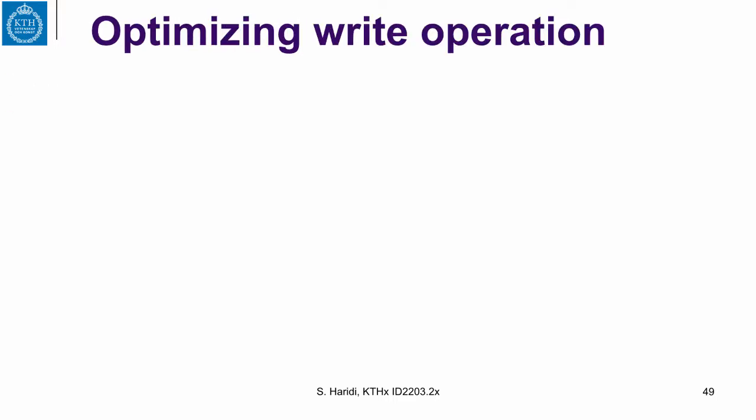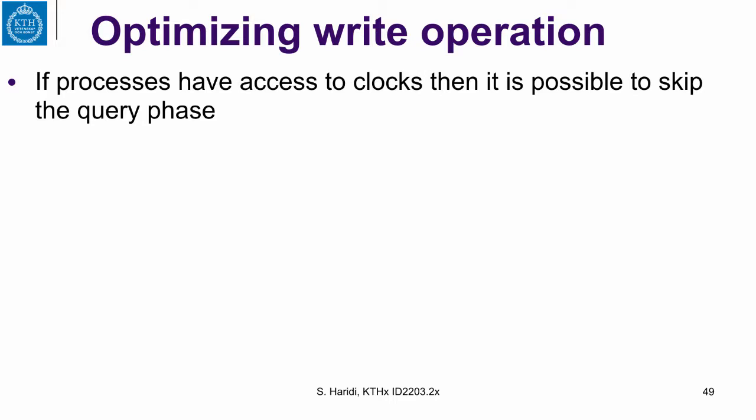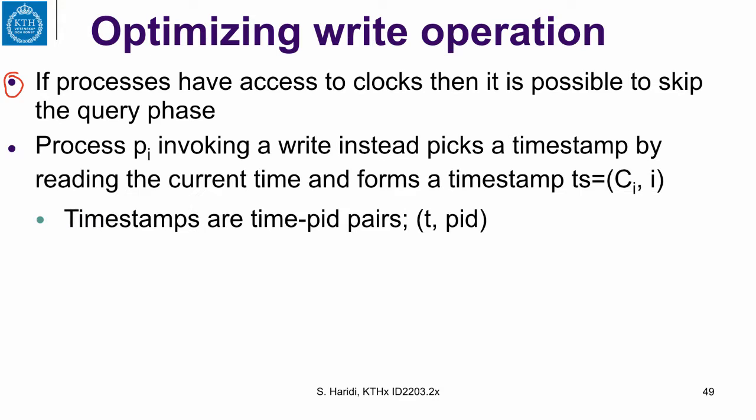The next step is to see if we can optimize the write operation. And here comes the issue of clocks. Remember that the reason for the query phase is to create a timestamp higher than all previous timestamps. So if a process has access to clocks, it is possible to skip the query phase. Process Pi, invoking a write, instead picks the timestamp by reading its own clock.